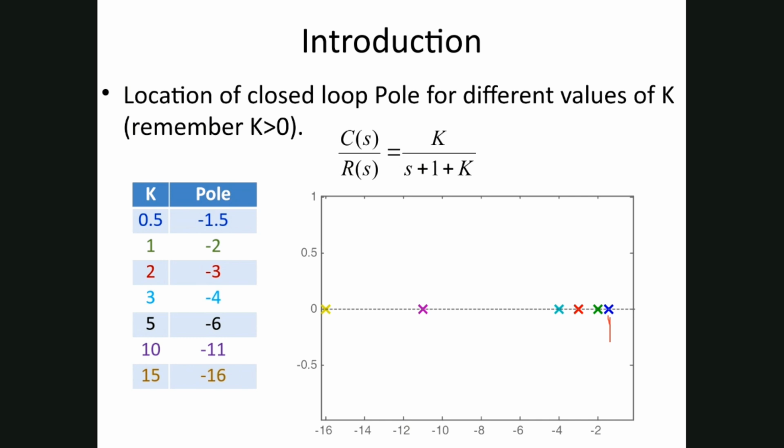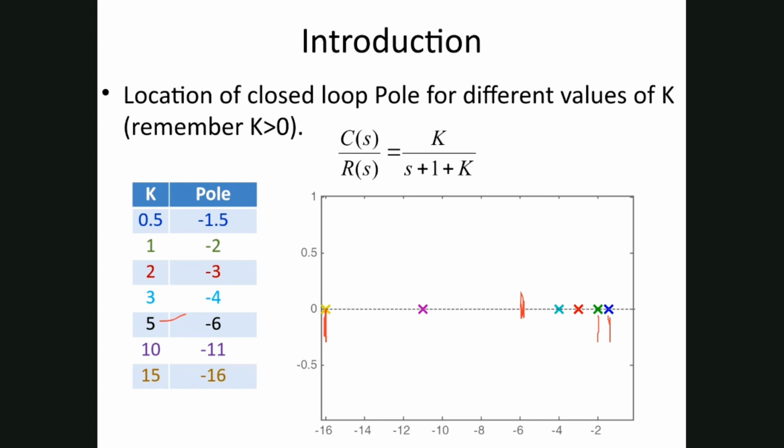Let's say K = 1, then your pole will be s = -2. Further, if we keep increasing the value of K, let's say 5, the pole will be at -6, somewhere here. And let's say at K = 15 the pole will be at -16. This is the yellow pole showing over here, at -16.